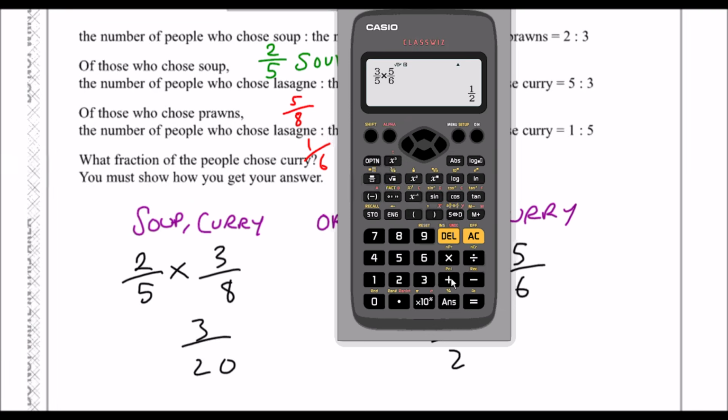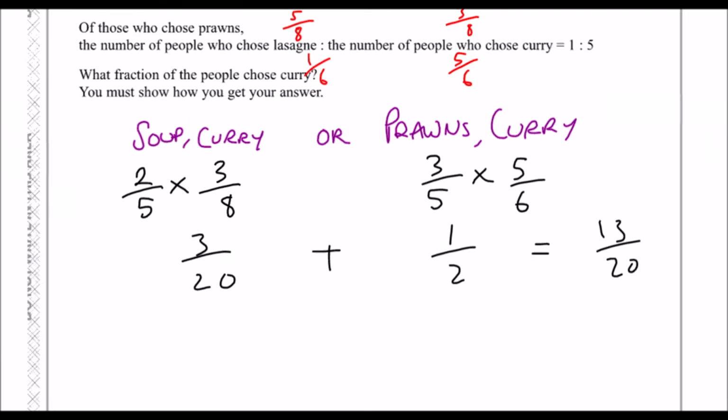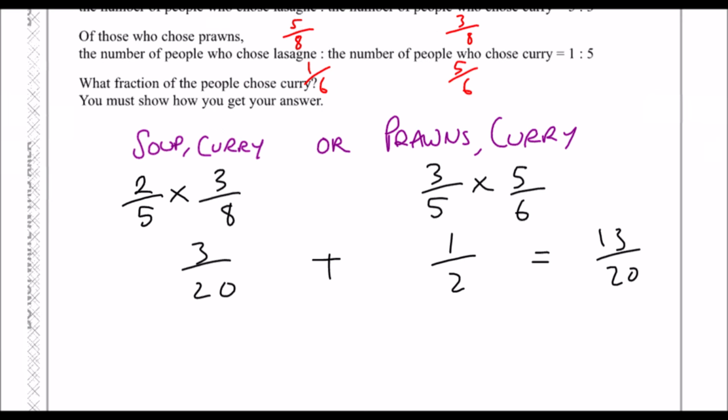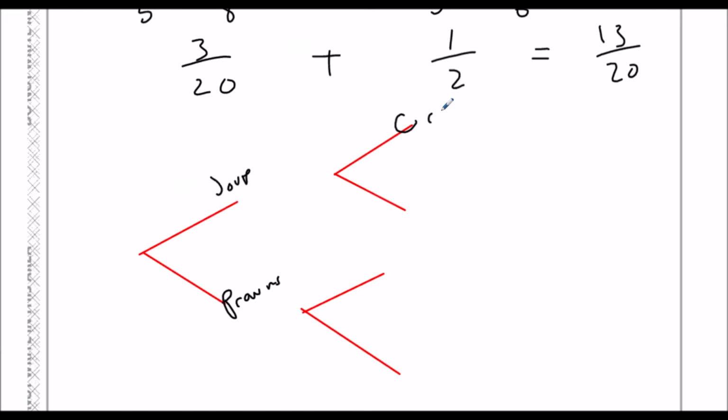So add these two together, gives us 13/20. If this was a bit confusing, we could have used a tree diagram here as well. We could have said soup, prawns, curry, lasagna, curry, lasagna, and we could have written the probabilities in.